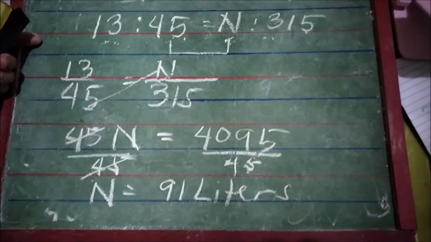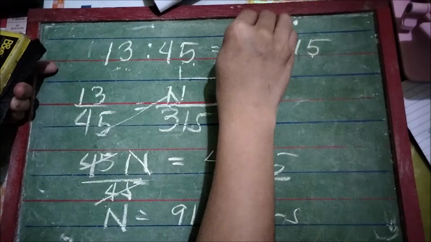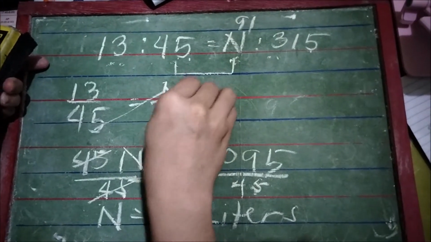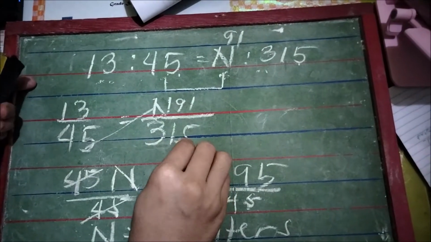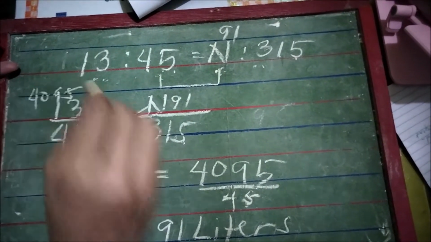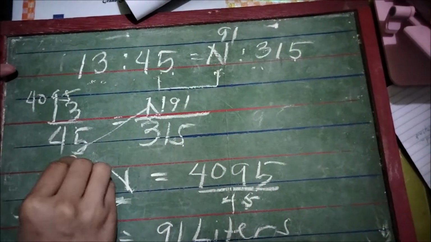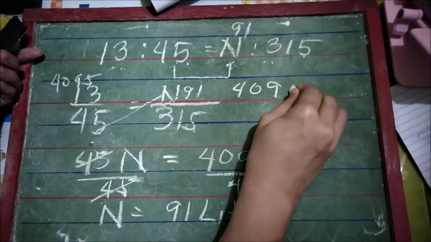Now, to check if your answer is correct, we are going to substitute 91 to letter n. So 13 times 315 is 4095, the same as 45 times 91, which is 4095.